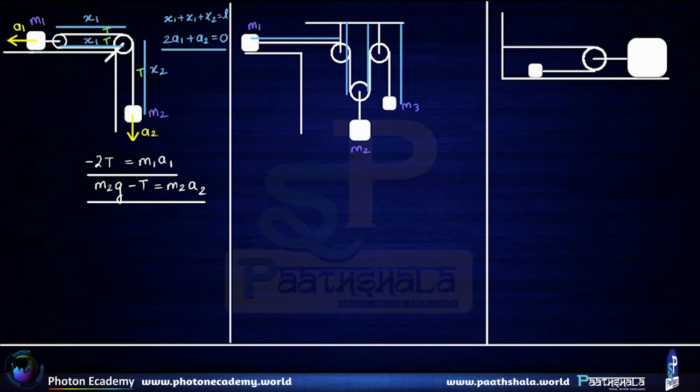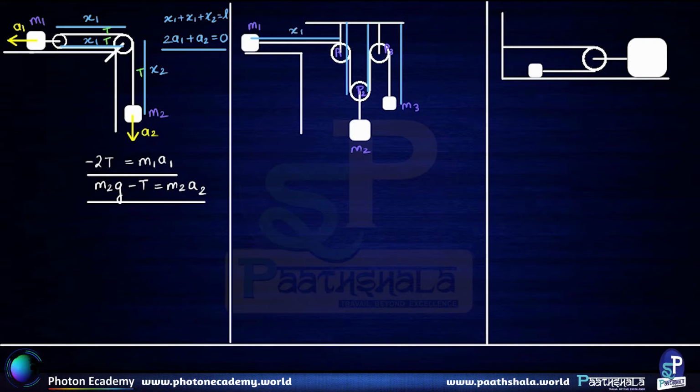So you might have noticed that I have taken x2 to be till pulley P2 only. This is okay in this case because M2 is rigidly connected to the pulley P2. That means m2 is not moving with respect to the pulley p2. That also implies that the acceleration of p2 is going to be the same as the acceleration of mass m2.